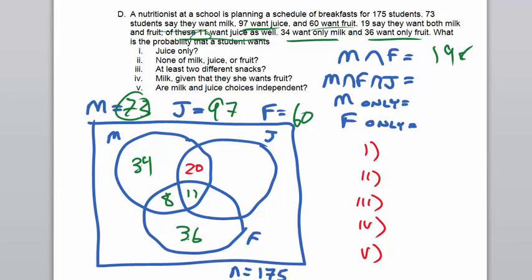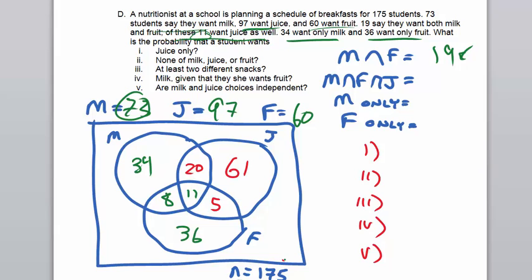So there's 36 down here. Add those up, 47, 55. But there were 60 who wanted fruit altogether, so that leaves me with 5 more down here. And I also know that the juice number was 97. If I add these up, 31, 36, subtract from the 97, that leaves me with 61 to go over here. So now I finally got my complete Venn diagram.